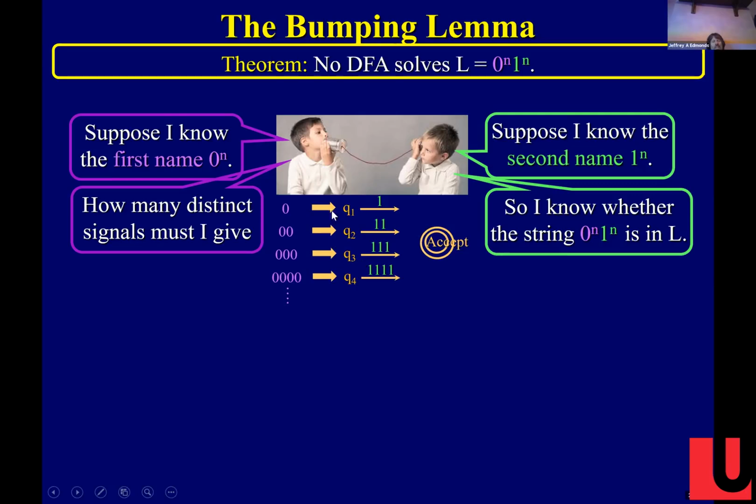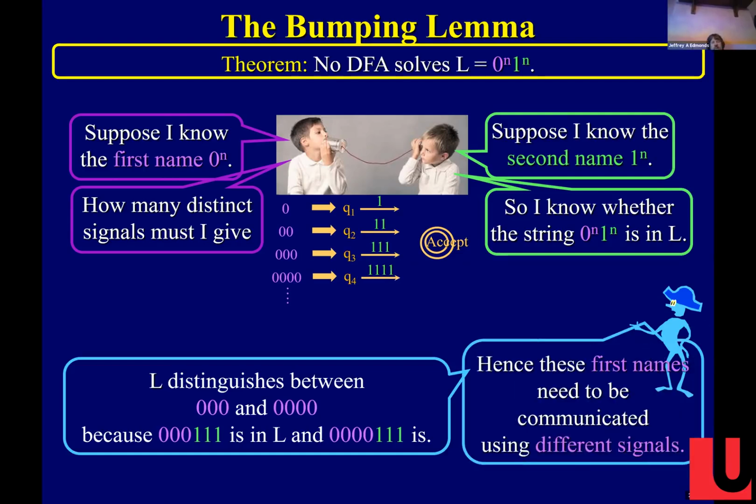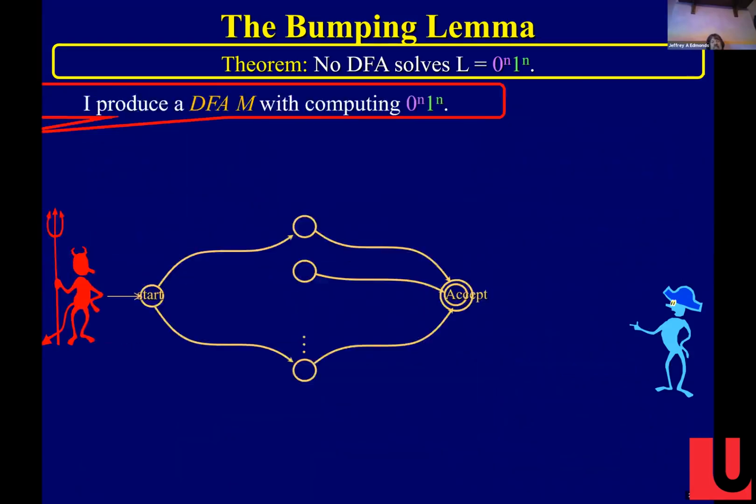And why does he have to send a different message? Because the second boy needs to know how many zeros there were, so he knows whether or not it's the same. And hence, there has to be an infinite number of messages, right? This is, again, we're saying 3 zeros and 4 zeros are distinguished. If he sends the same message for 3 zeros and 4 zeros, then the second guy won't know what to do when he has 3 ones. They have to be given different signals.